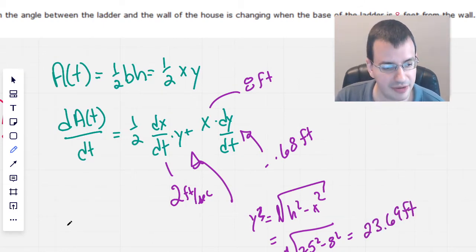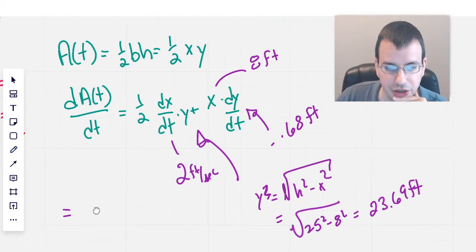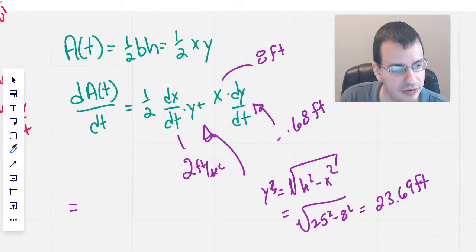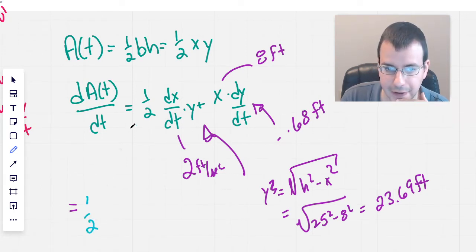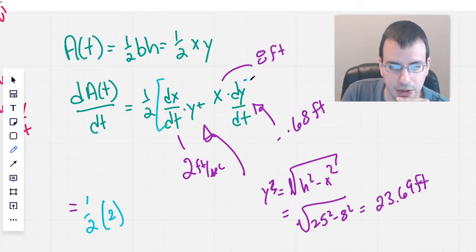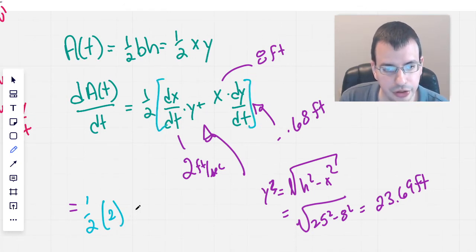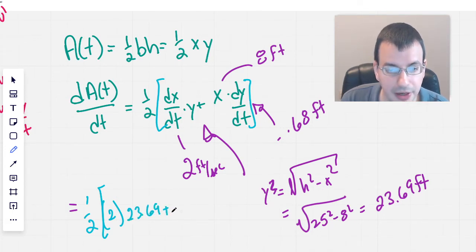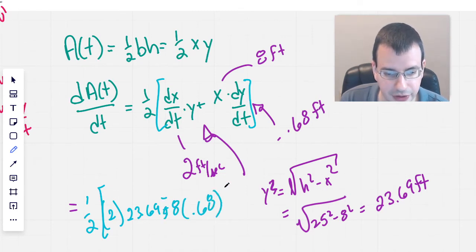Okay, so now we have everything we need to solve this problem. So we change colors to show my train of thought, my evolution of thinking. So 1/2 times 2, there we go. Yes, I'm fine with this. 1/2 times 2 times y, which is 23.69, plus x, which is 8, times 0.68, and then there's a negative involved.